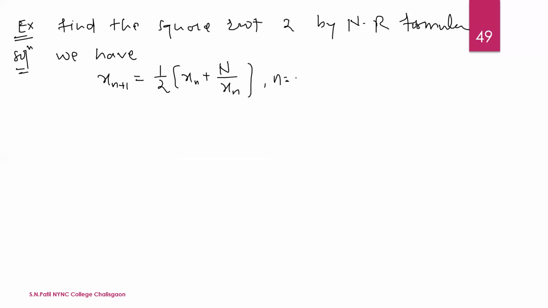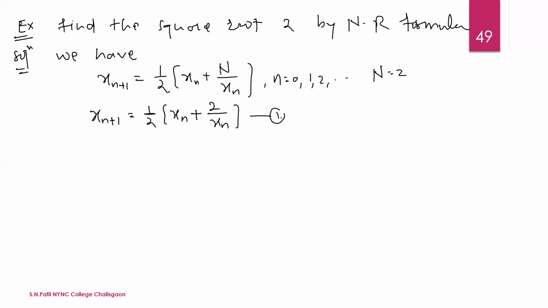Here capital N is what? N is 2. Then the formula is x suffix n plus 1 is equal to 1 by 2 x suffix n plus 2 upon x suffix n. Say equation number 1.